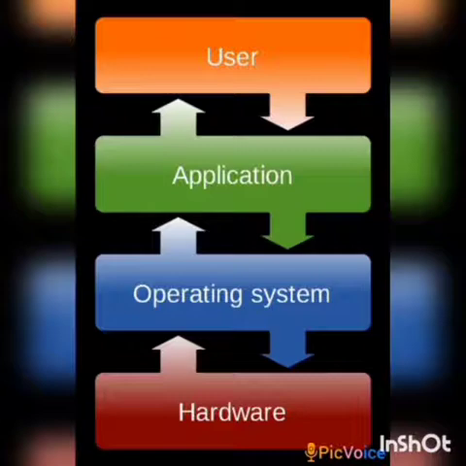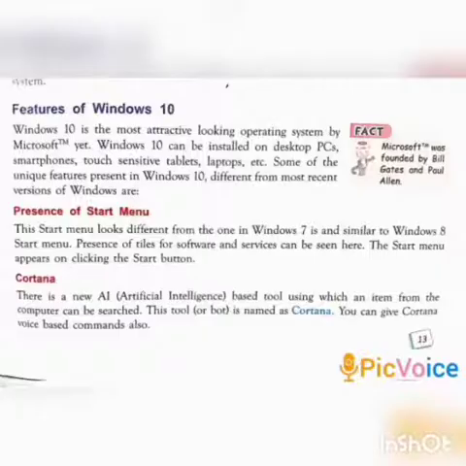What is an operating system? An operating system is the system software that helps you to interact with the computer hardware.